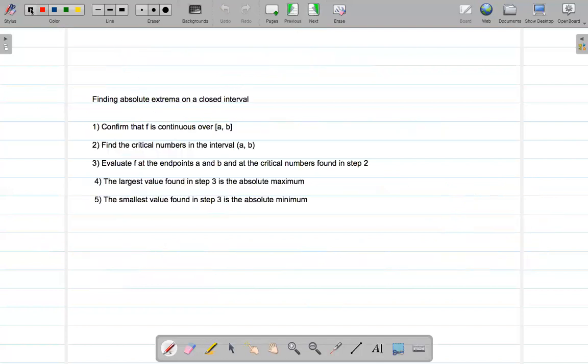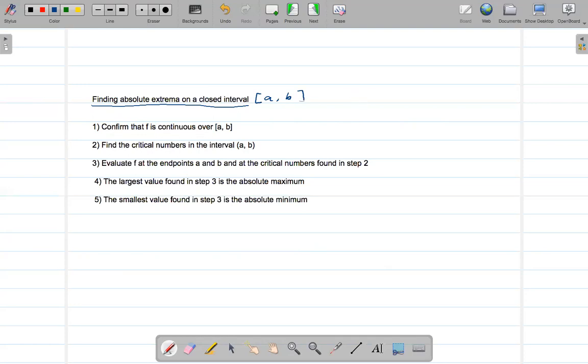Now, there is a process. If a function is given and we need to find absolute extrema, meaning both absolute minimum and absolute maximum, on a certain closed interval, let's say the closed interval is a comma b, then first we need to confirm that the given function is continuous.